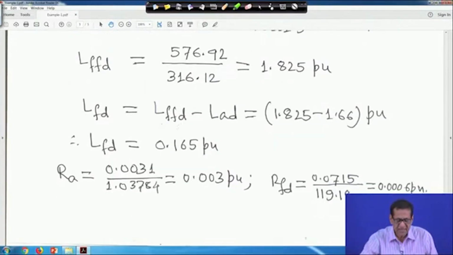Similarly RA was given as 0.0031 ohm, divided by the base value 1.03784, it comes to 0.003 per unit. And similarly RFD is equal to 0.0715 divided by 119.18, that is 0.0006 per unit.